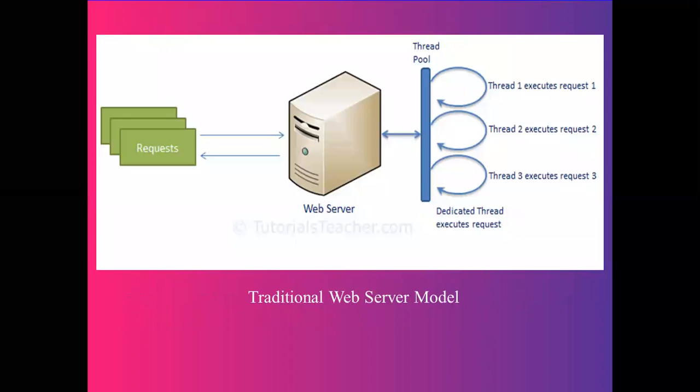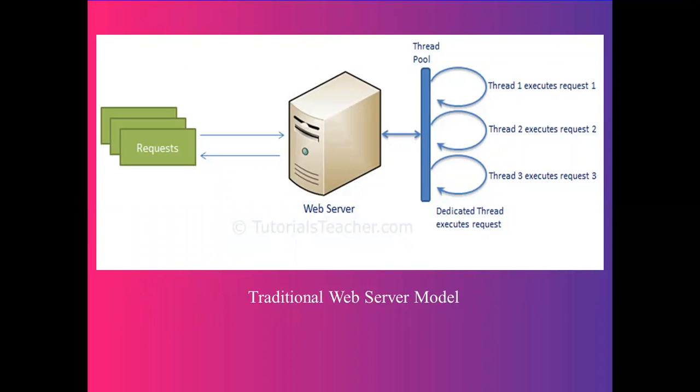Here you can see the diagram of the traditional web server model. These are the requests to the web server. Here you can see the thread pool. Multiple threads are available. Thread 1 executes request 1, thread 2 executes request 2, thread 3 executes request 3. These are the dedicated threads that execute the requests. Whenever a user sends a request to the web server, the request is assigned to a thread which is available.